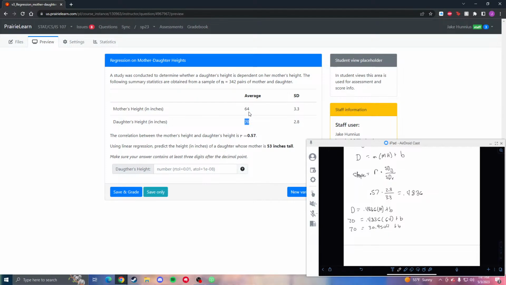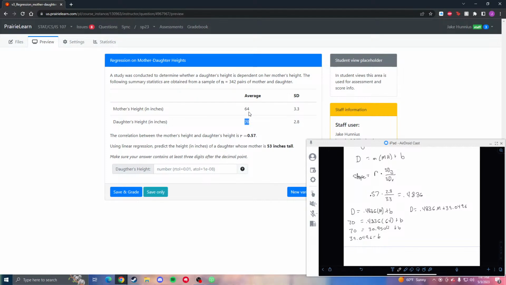And we just have to do 70 minus that to get 39.0496 is our b value. So now we have our equation of daughter's height is equal to 0.4836 times the mother's height plus 39.0496.